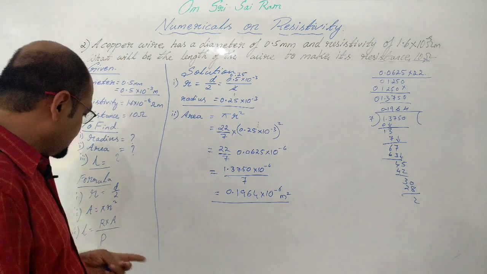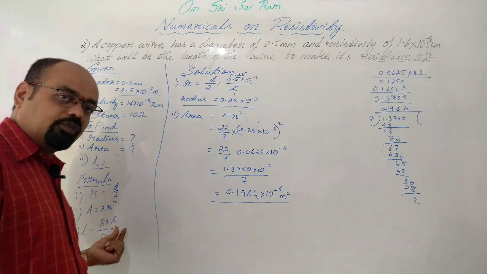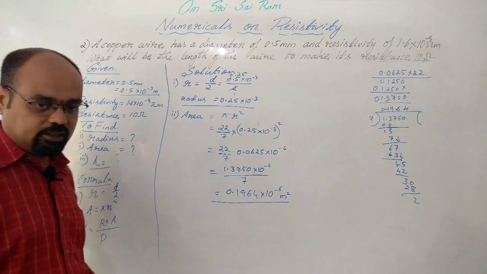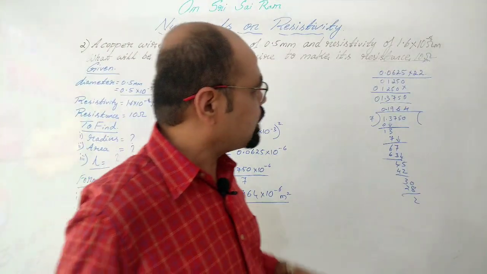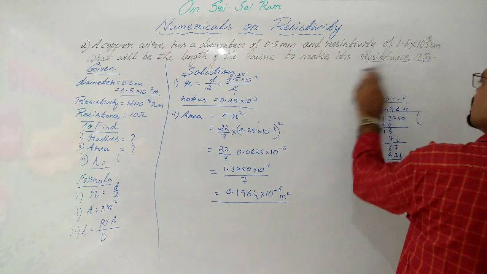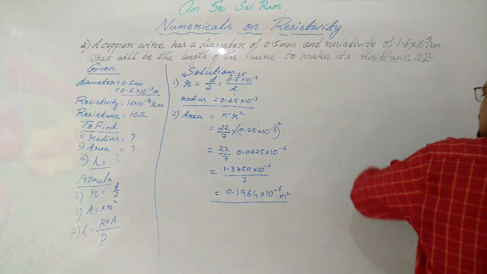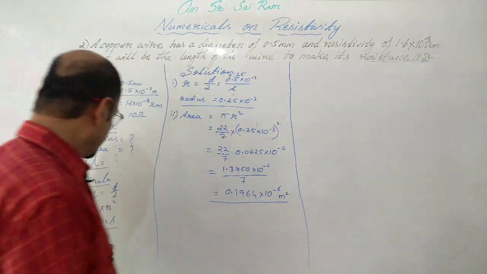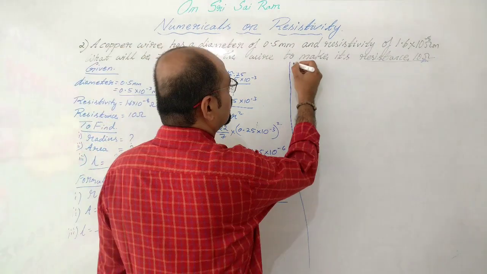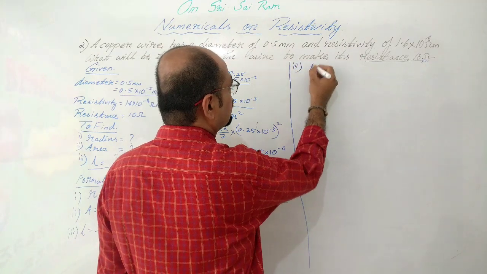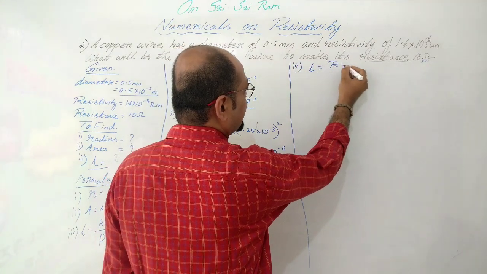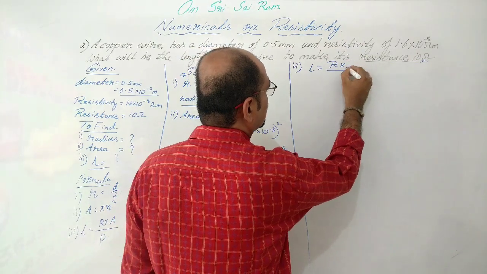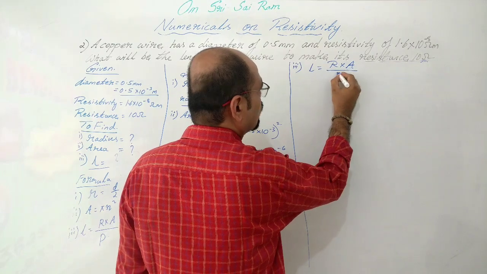We found the area. Now after getting the area, we can substitute the value of area in the formula and find the length. Let me rub this and continue with the next part, the third solution. L is equal to R into A by rho.